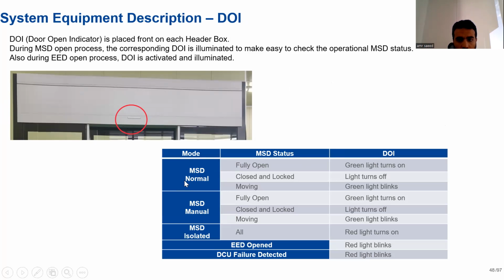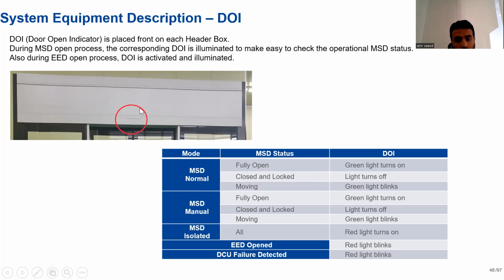If it's normal, everything is okay, it's closed and locked. In normal mode, when everything is okay, the light is off. When something is faulty, you can find it's green.